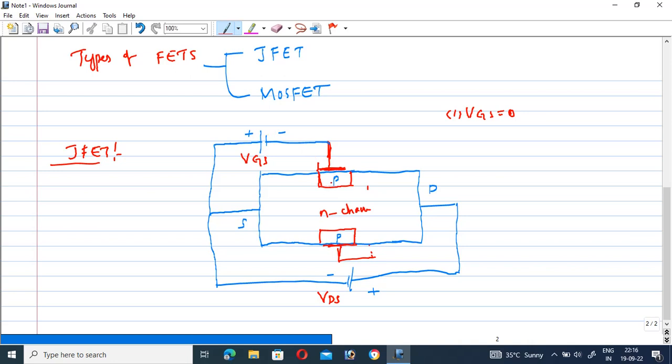Therefore the P-type and N-type regions are in reverse bias condition. Under reverse bias, the depletion region increases. Therefore the depletion region of this material increases, and likewise on both sides, because these two are internally connected. This is a depletion region, and this is also a depletion region.